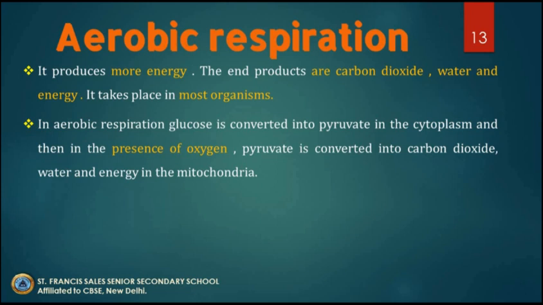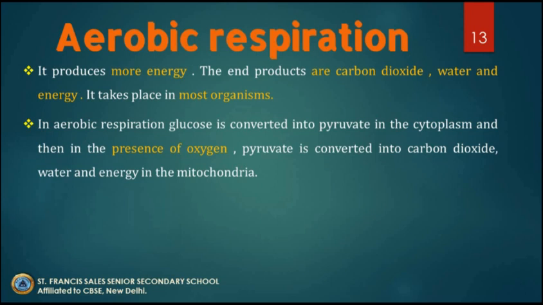In the second step, oxygen is very important. In the presence of oxygen, this pyruvate, a 3-carbon molecule, is converted into carbon dioxide, water and energy. That takes place in the mitochondria.